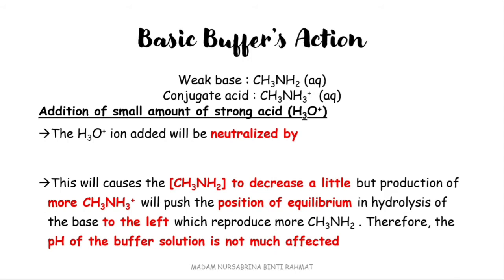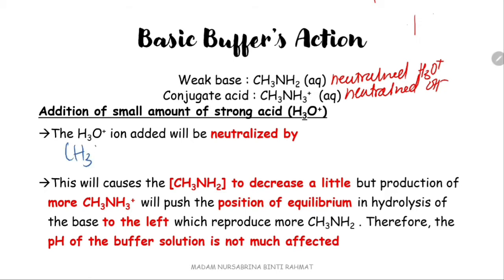First, let's label: the base that we have will neutralize all the H3O+ added, whereas our conjugate acid will neutralize our base, which is OH negative. So if we are adding H3O+, that means it's an acid, and it will be neutralized by its opposite component, which is our base.